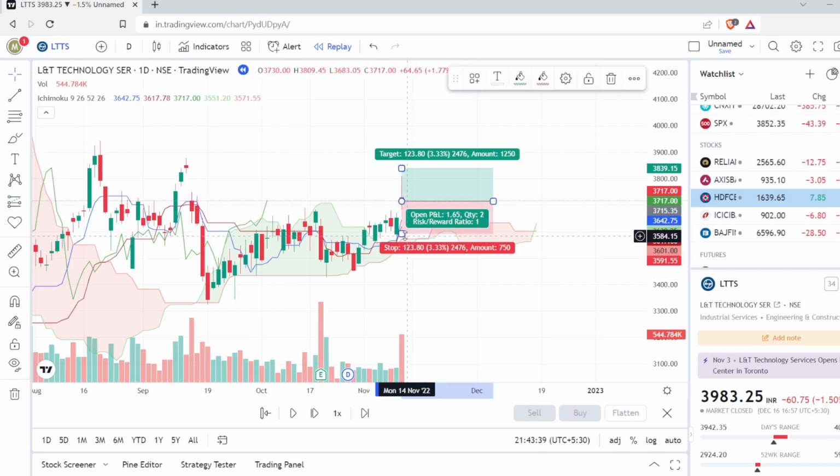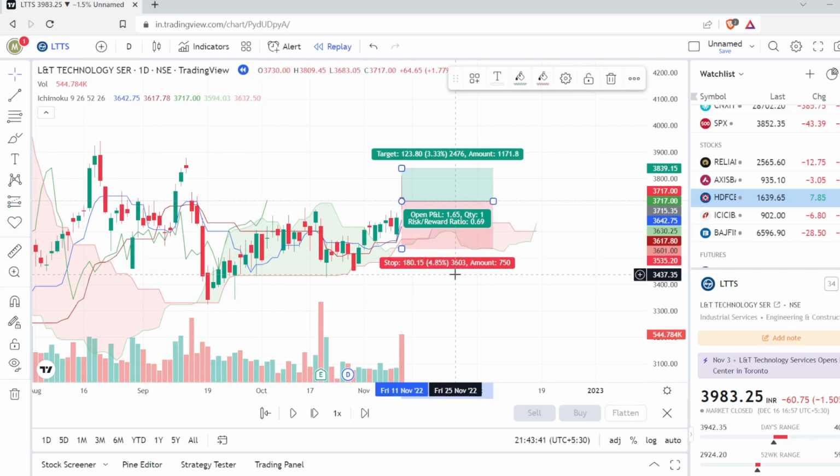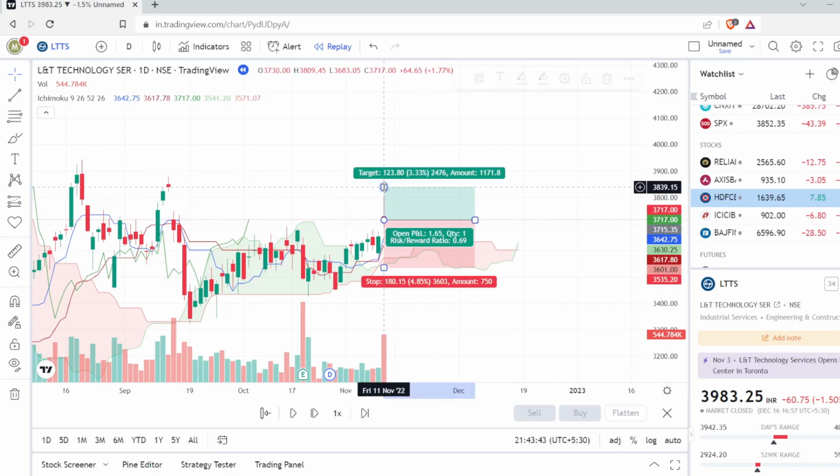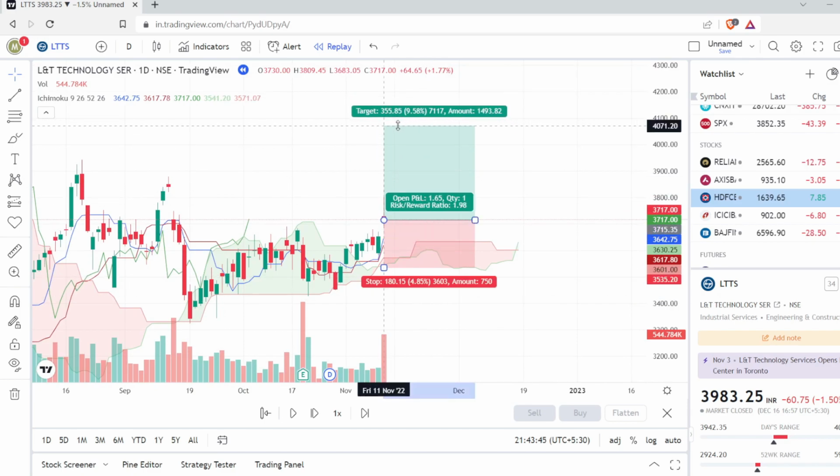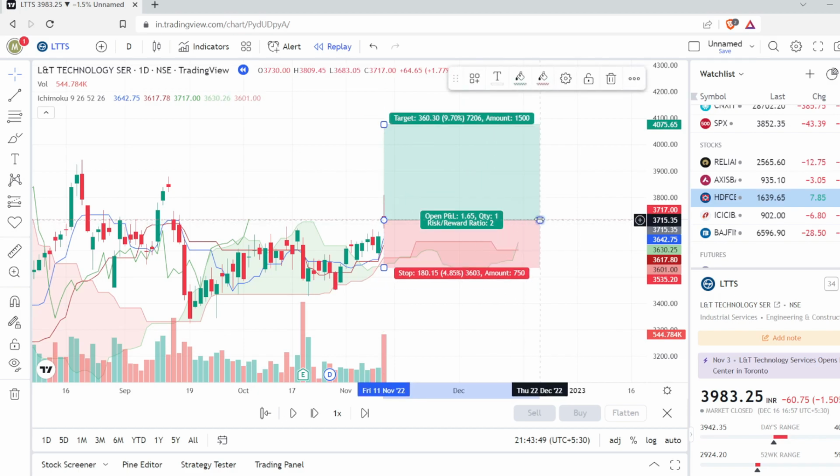You might wait for a green candle as well, but I usually don't. But to be safer, you should, I think. Now let us see how this would have turned out, right?